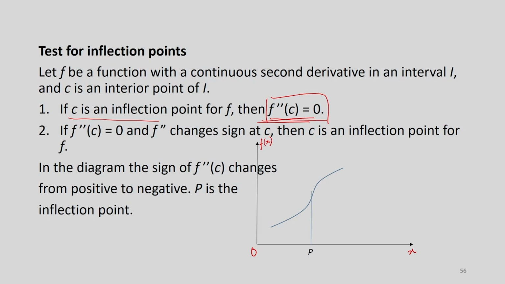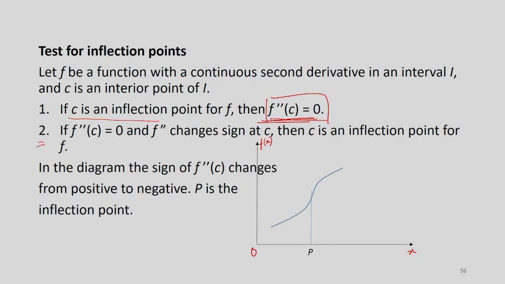Okay. So, this is a necessary condition, f double dashed of c is equal to 0, but what is a sufficient condition? So, second thing here is specifying the sufficient condition. If f double dashed of c is equal to 0 and f double dashed changes sign at c, then c is an inflection point for f.